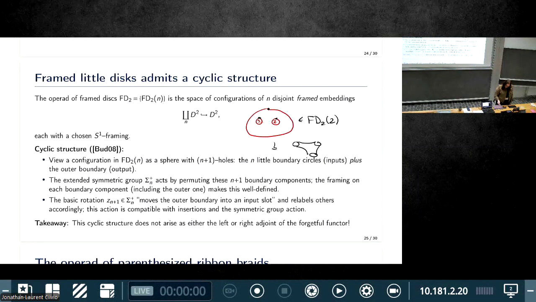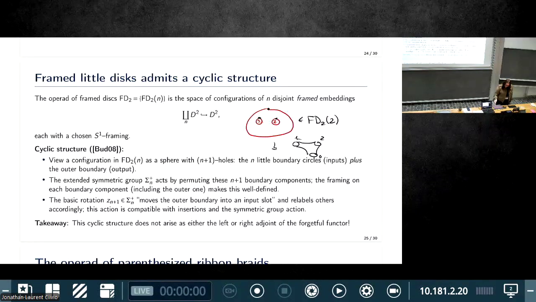So the cyclic structure of Bundy, it's a really short little paper. It's very nice to read. Basically it says you take a configuration of disks inside of a disk and replace it with a sphere with n+1 holes, right? So this is now a sphere with 3 holes instead of 2 disks inside a disk.